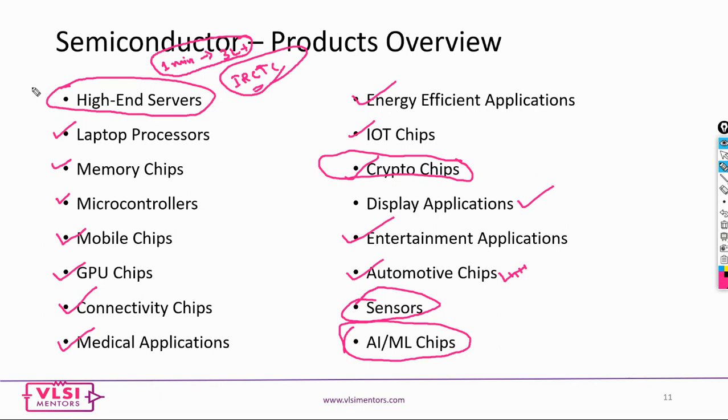Now see, Intel and AMD are basically working on high-end servers, which are of x86 architecture. And there are companies like Amazon, Ampere and Qualcomm.